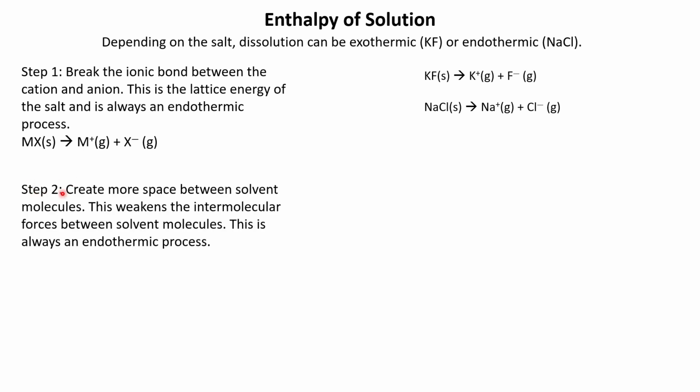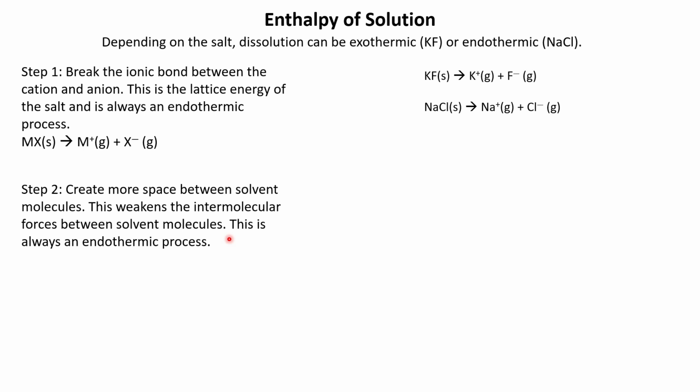Step two, we need to work on the solvent. So specifically, we need to create more space between the solvent molecules. In order to create more space between the solvent molecules, we actually need to weaken those intermolecular forces between the solvent molecules. Now, because we are weakening those forces, we're pulling those solvent molecules farther apart.